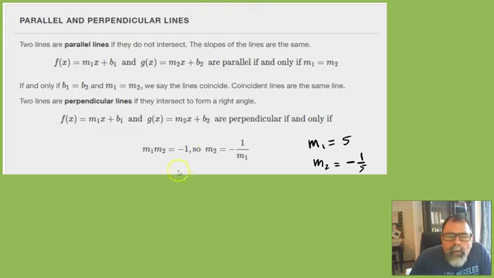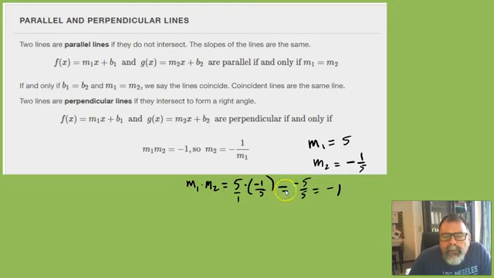If you multiply m1 times m sub 2, 5 times -1/5, you get -5/5. The 5's cancel, and you just get -1. So that's the test. If you multiply them together, you get -1. Visually, you can just ask, are they negative reciprocals?